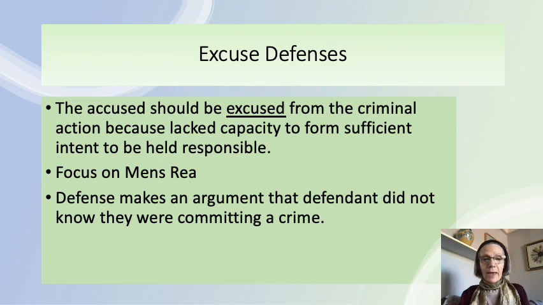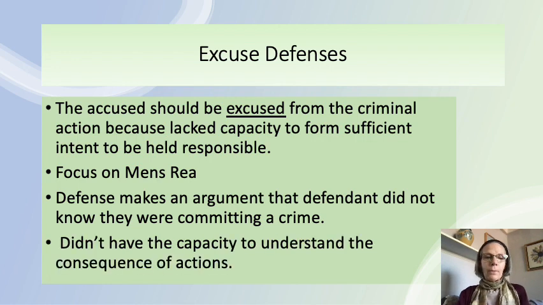The defense argues that their client did engage in actus reus, but they did not know that they were committing a crime. They didn't understand the consequences of their actions. They didn't intend to commit a crime. So they raised doubt about mens rea, basically saying that the client didn't have the capacity to understand the consequences of their actions. So let's take a look at some common excuse defenses.